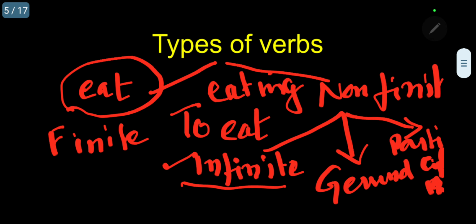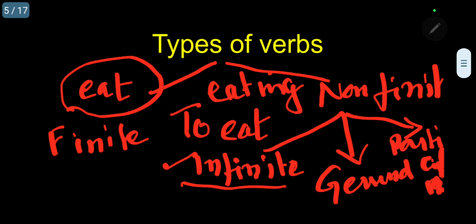In some cases, when the end letter of the verb is B, D, G, L, M, N, P, or S, T, and the preceding letter is a vowel, one more letter will be added.